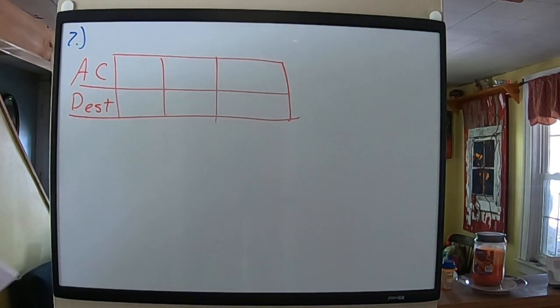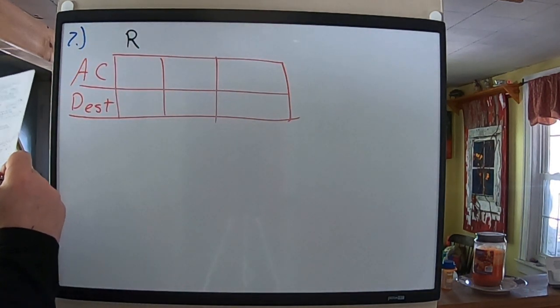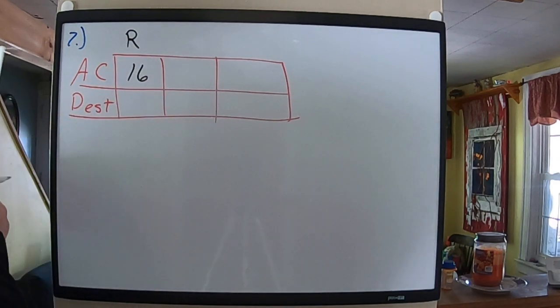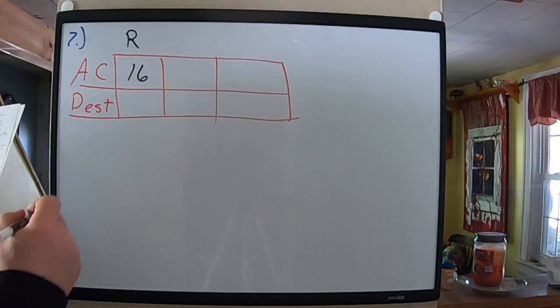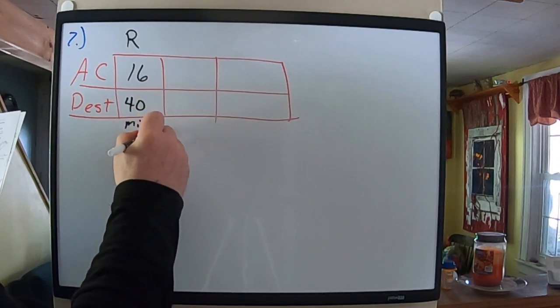All right. The aircraft carrier and destroyer, let's see. Aircraft carrier, the rate is going to be 16 miles per hour. And the destroyer averages 40 miles per hour.